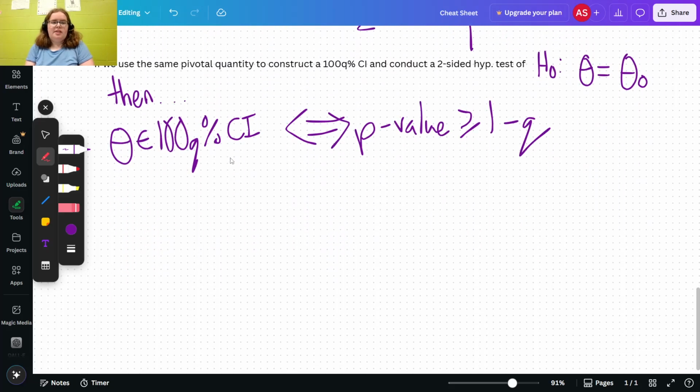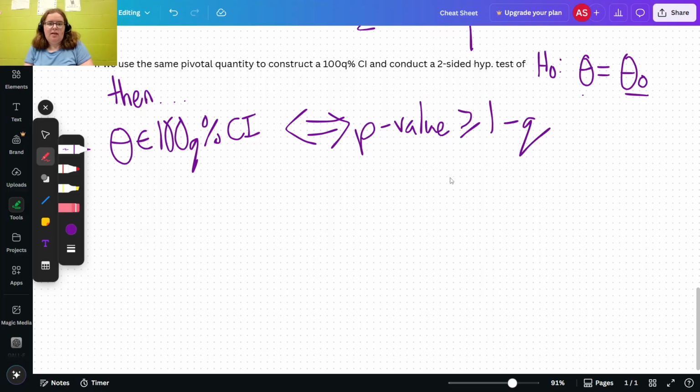So essentially, if we use the same pivotal quantity to test the 100q% confidence interval and conduct a two-sided hypothesis test with this H0 of theta equals theta naught, then theta is in the confidence interval if and only if the p-value is greater than or equal to 1 minus q.